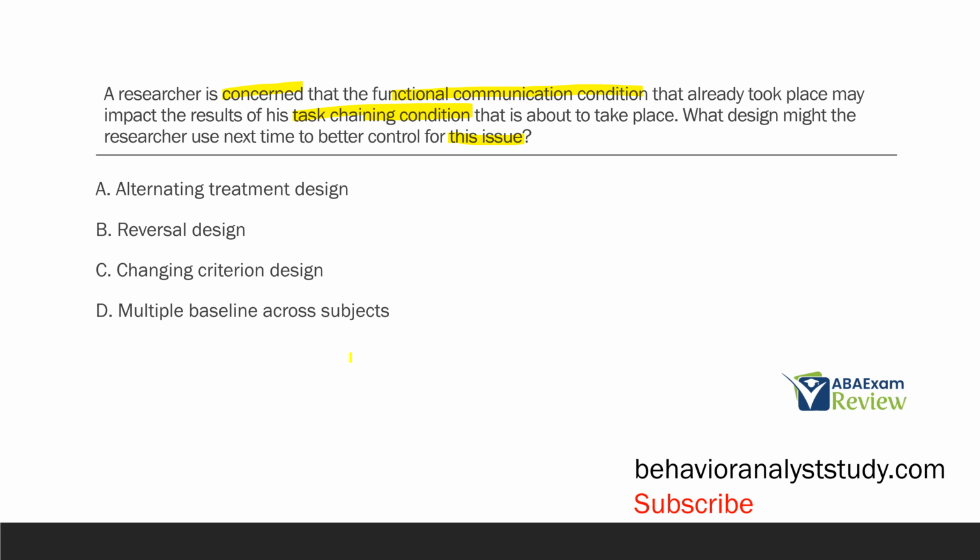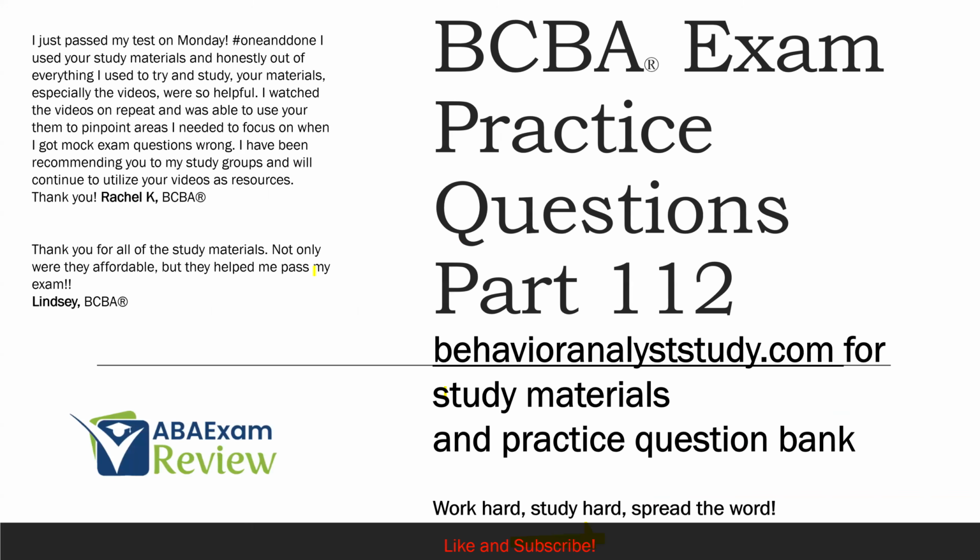Same with D, with the multiple baseline across subjects, we're not going to be changing up functional communication and comparing it to task chaining. So C and D aren't necessarily appropriate for both of these interventions. A reversal design is likely to make the problem worse, while an alternating treatment design might actually help us control for it. So to better control for these sequence effects, we're looking at A, an alternating treatment design.